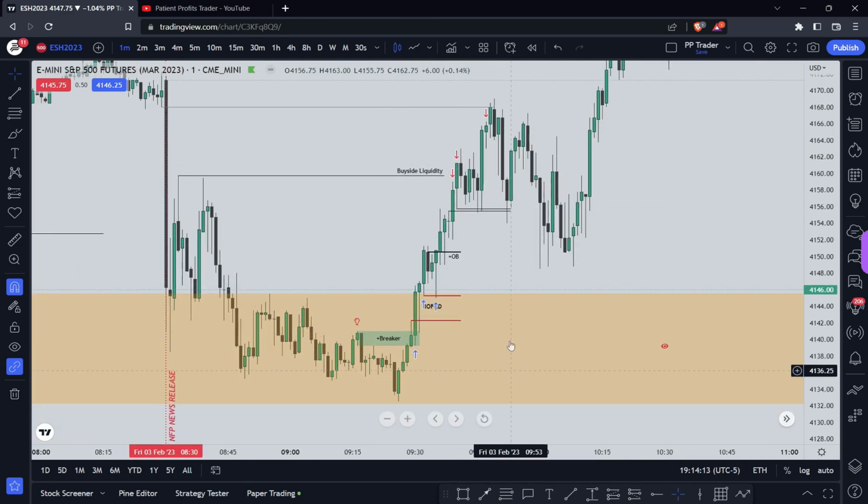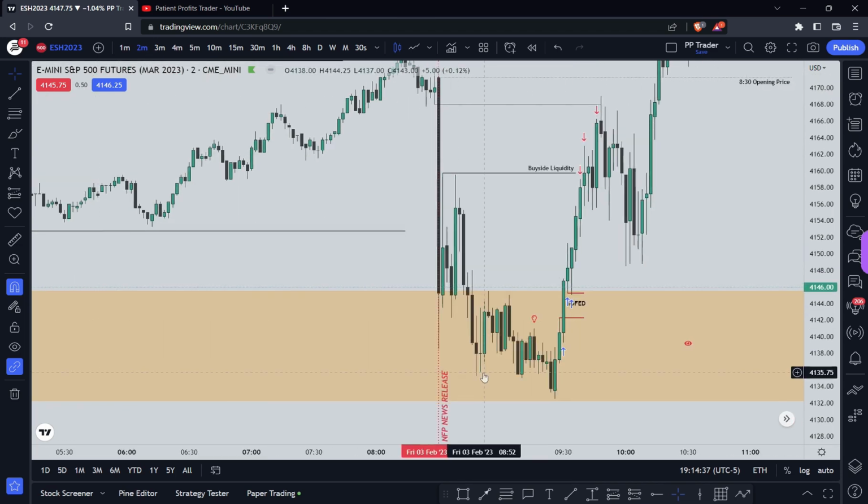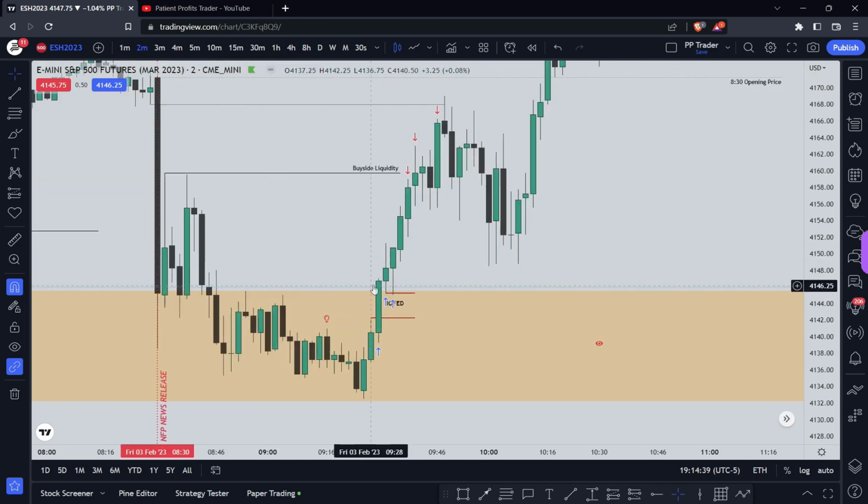We've tapped a daily volume imbalance, and then I look for evidence that price wants to turn. We get that evidence here, not fully here, but then it was very clear on the 30-second time frame. We form the breaker, then 30-second, we have a fair value gap. First position within that fair value gap. Second position on the 2-minute chart as this candle closes and this candle drops down.